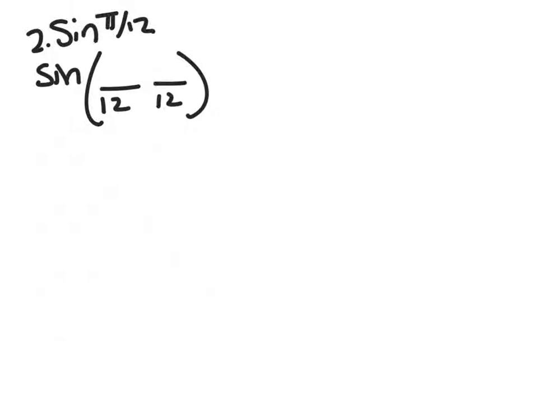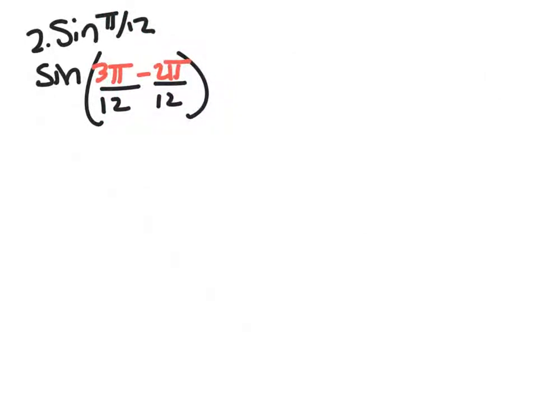I'm going to think of things that are on my unit circle, because obviously pi over 12 is not on your unit circle. But you can reduce things like 3 pi over 12, 2 pi over 12, 4 pi over 12. So if I want to get to a 1, I could do 3 pi over 12 minus 2 pi over 12, because that will give me pi over 12.